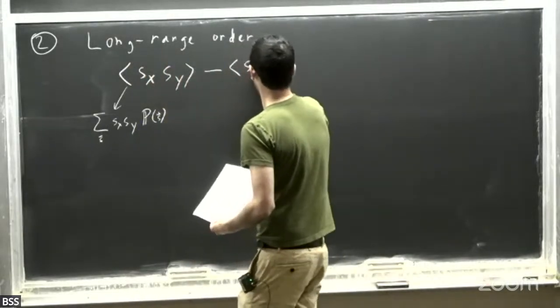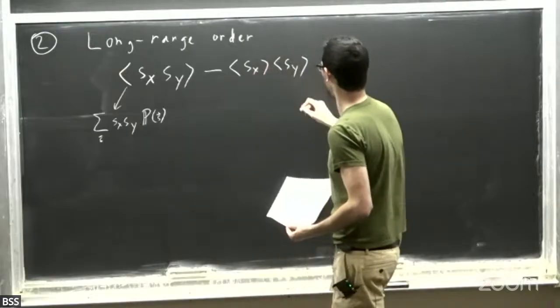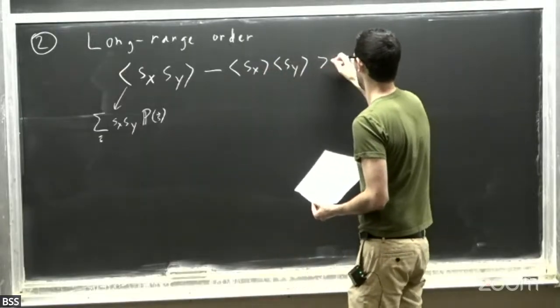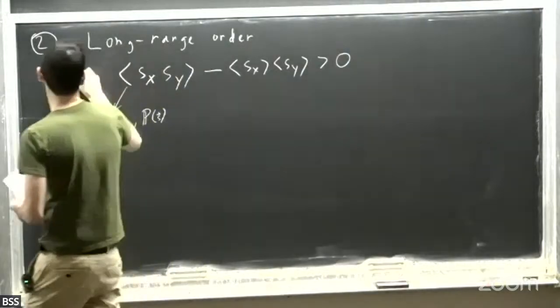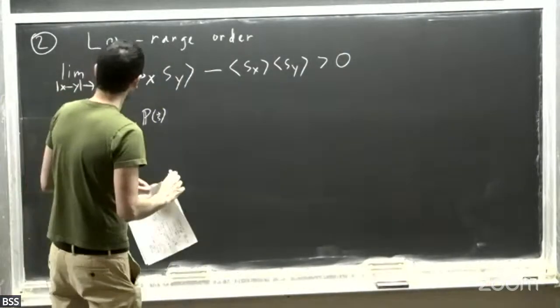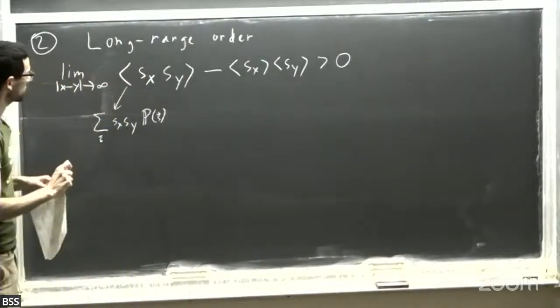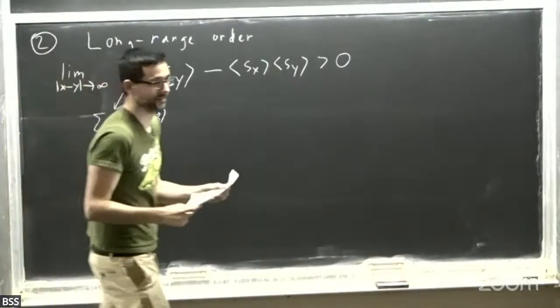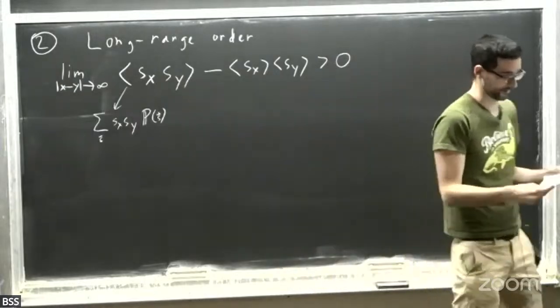I want that the following kind of connected correlation function does not vanish at large distances. Okay, this is a slightly more precise diagnostic for order.